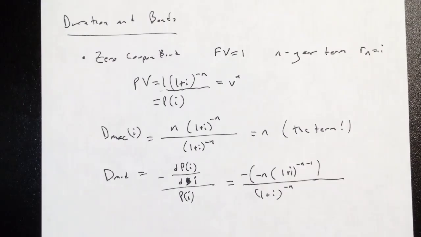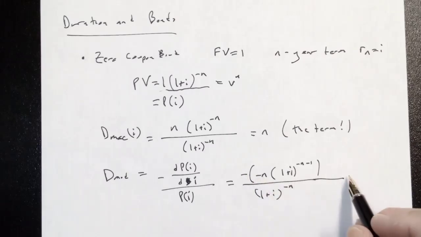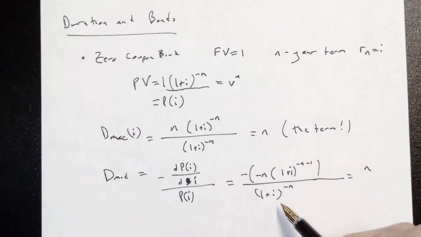But I'm taking my derivative in I. The derivative of 1 is a constant. The derivative of I is just 1. So the chain rule gives me a 1. Oh, the two negatives cancel. So I have an n on top. And then what happens here? What am I left with?